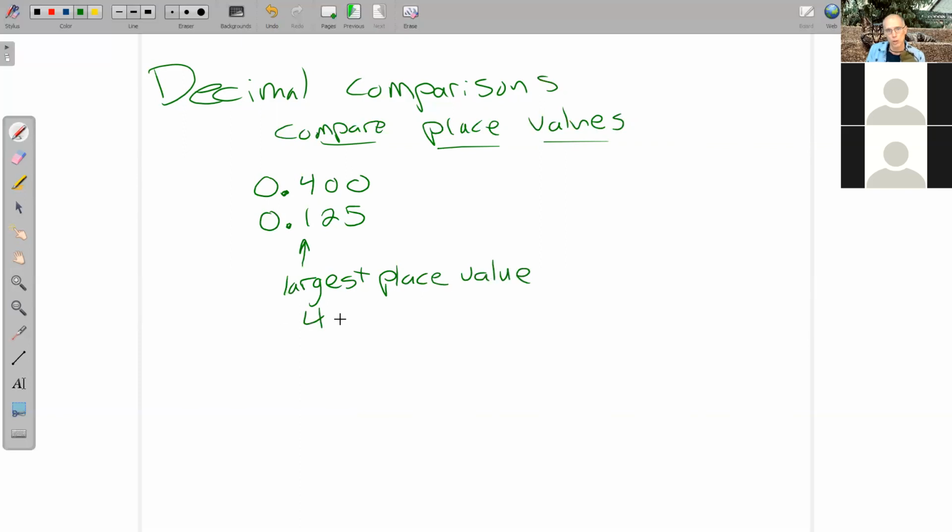We're comparing a 4 versus a 1, and 4 is definitely bigger than 1, so it really doesn't matter what happens after that, right? So we look at the first place where they deviate in place value. So looking at these two, 0.4 is greater than 0.125. Oh, I did slang, you caught me. 4 tenths is greater than 125 thousandths because we have more tenths in 4 tenths than we do in 125 thousandths.